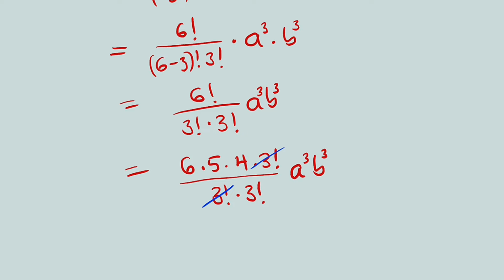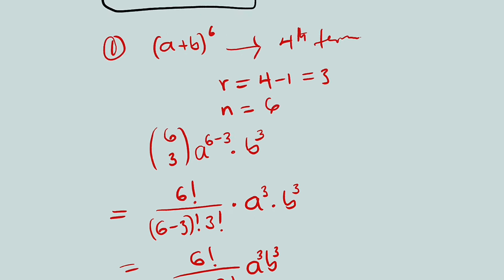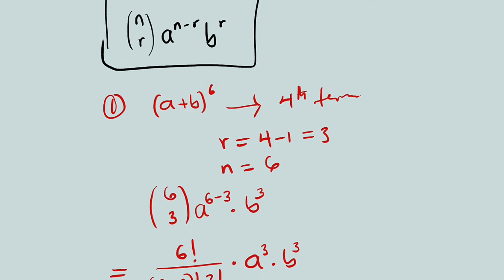So let me even break this down. 3 factorial is 3 times 2 times 1. 3 times 2 is 6, so it will cancel this. All we have left is 5 times 4, which is 20. So finally, we have 20 a cubed, b cubed. So this is the fourth term in the expansion of a plus b to the power of 6.